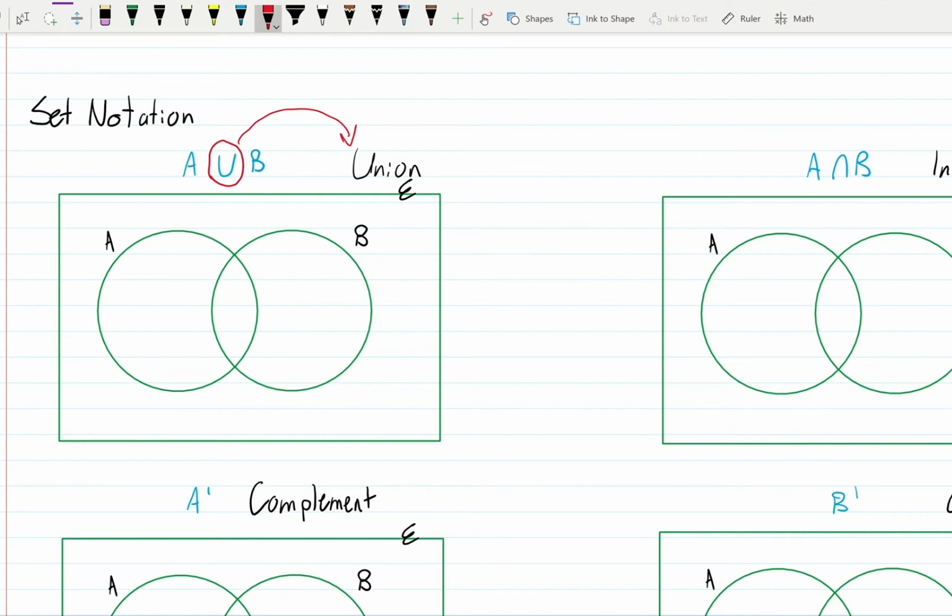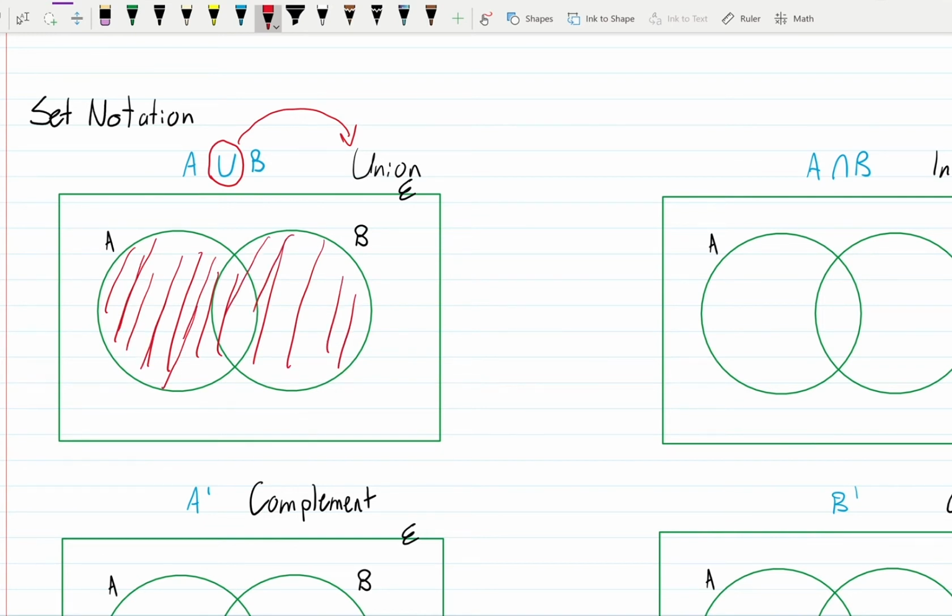So when we see A, this character, and B, we say it as A union B. That's how we would read it, A union B. What A union B actually means is we're looking at all the elements that are in A and B. So if I was to shade the region that represented A union B, it would look like everything within A and B, right? So that's A union B, all of the elements that are encompassed in both A and B.